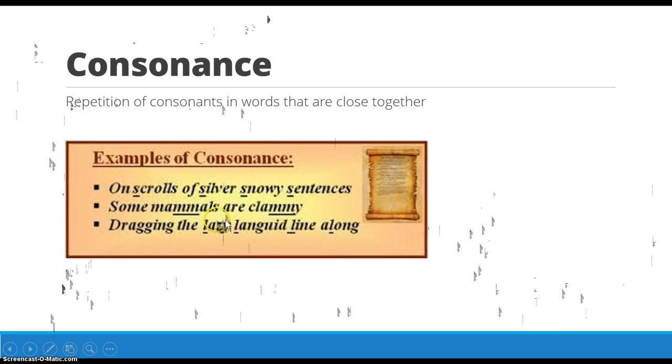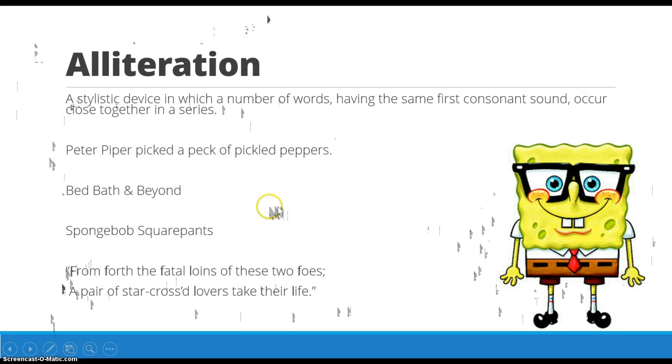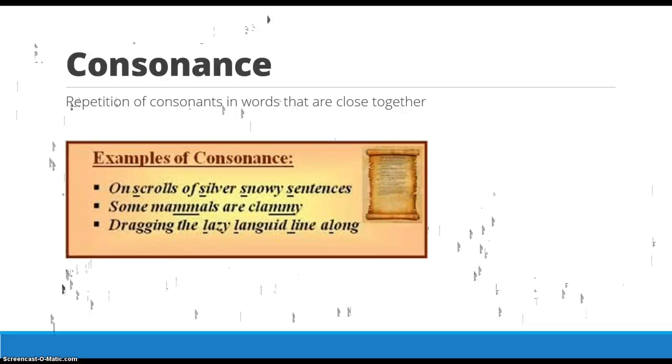Here we have consonance, we have the repeated L sound, and some of these L's you can see are at the beginning of words, but then we have this word along here, and we can still count this L sound, even though it's in the middle of the word, if it is consonance. In alliteration, it is purely at the beginning of the words. All right, so alliteration, repeat at the beginning; consonance, repeated consonant sounds anywhere in the word.